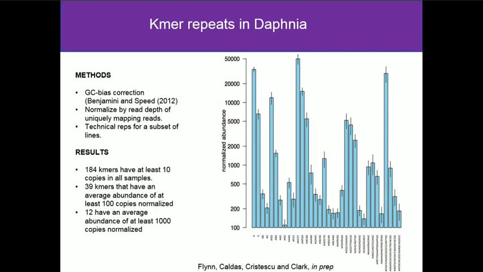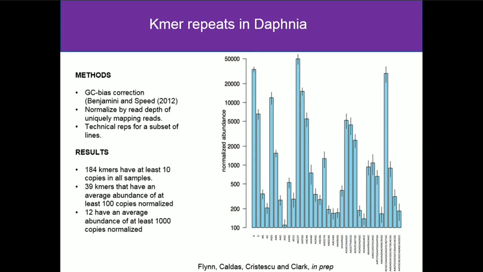So we looked at the K-mers within these Daphnia and had to do a GC bias correction because they didn't do a PCR-free library. It still works pretty well. This K-mer analysis works pretty well with libraries that are PCR-based. It, of course, does down-rate the GC-rich repeats to some extent.